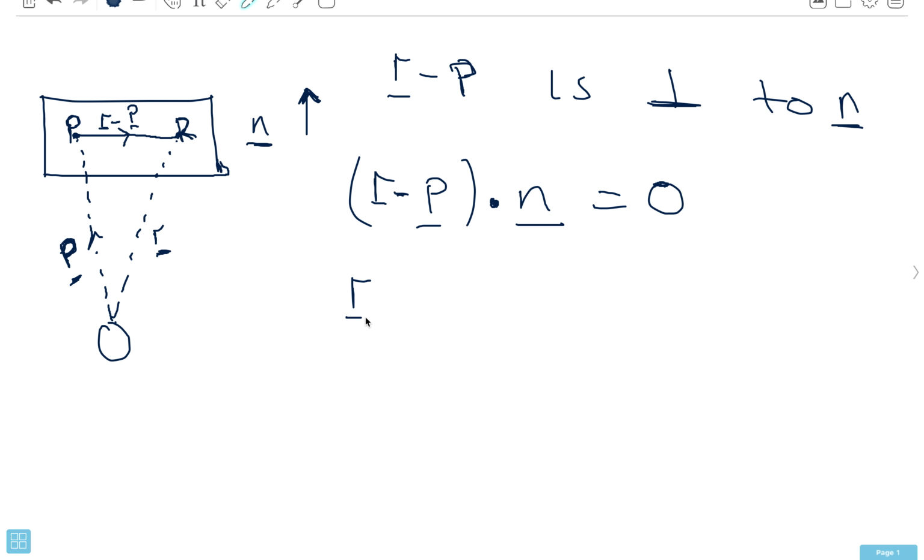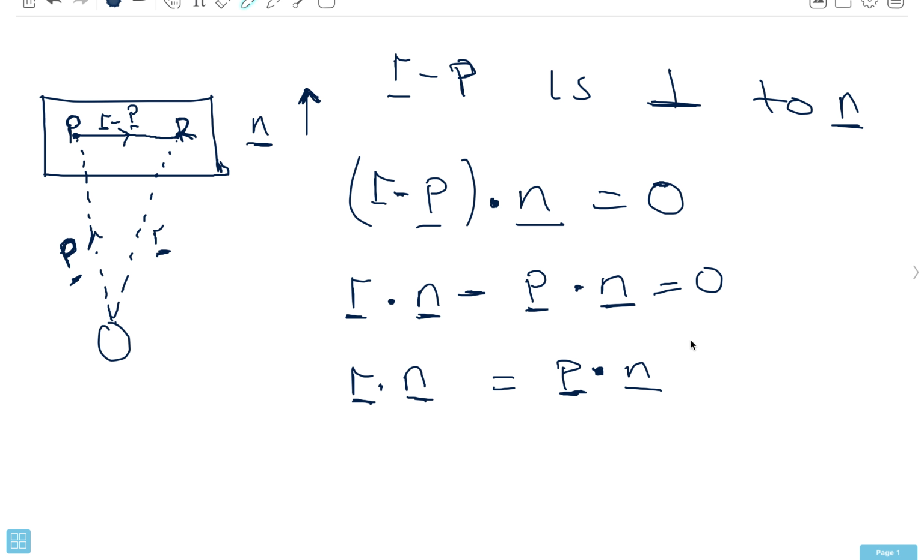So r dot n minus p dot n is equal to 0. I'm going to add p dot n to both sides, so I have r dot n equals p dot n.